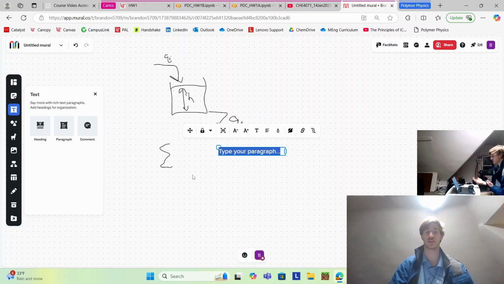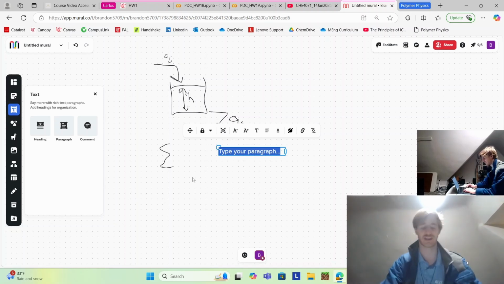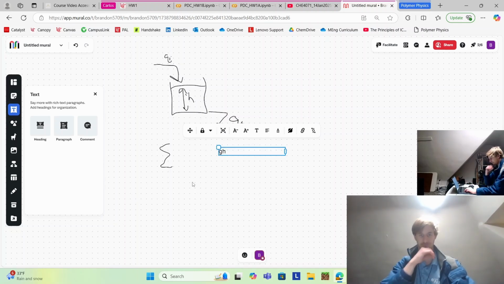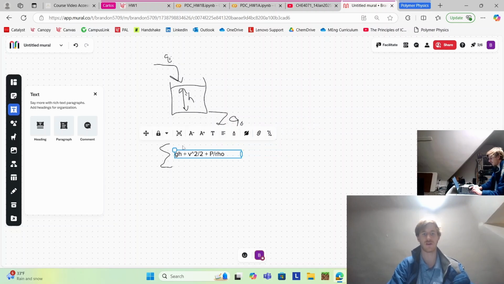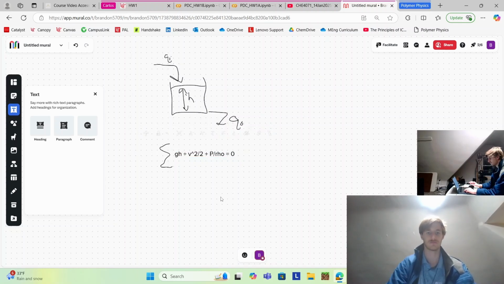Now, I'm going to do this on a per mass basis, so I'm not going to be adding mass in here. It would all just cancel out. But we have the sum of all potential energy plus the sum of all kinetic energy plus our pressure over density. And if we add all of those going in and coming out, they will equal 0.